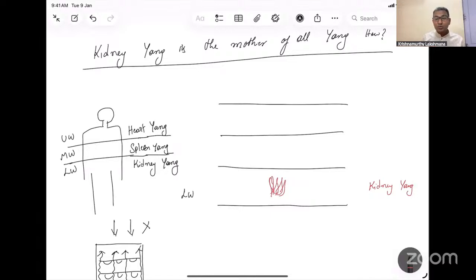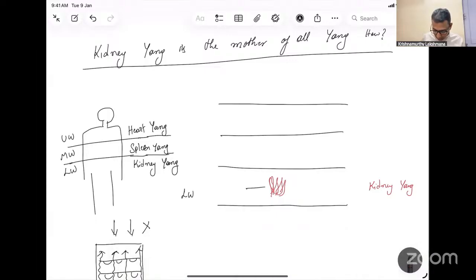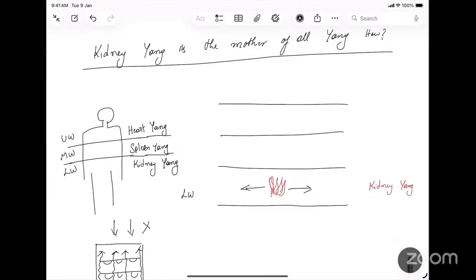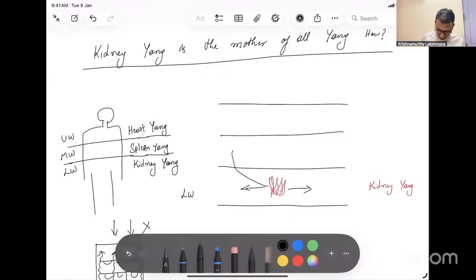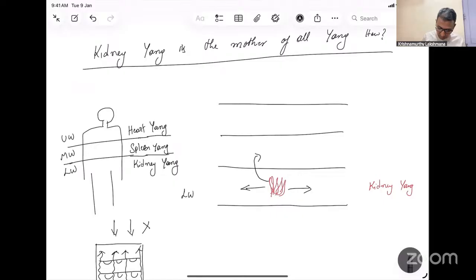What will it do? It will send the fire heat to all the warmers. It will send the heat to its own warmer, the lower warmer, and it will also send the heat to the middle warmer and also to the upper warmer. Now this is kidney yang.